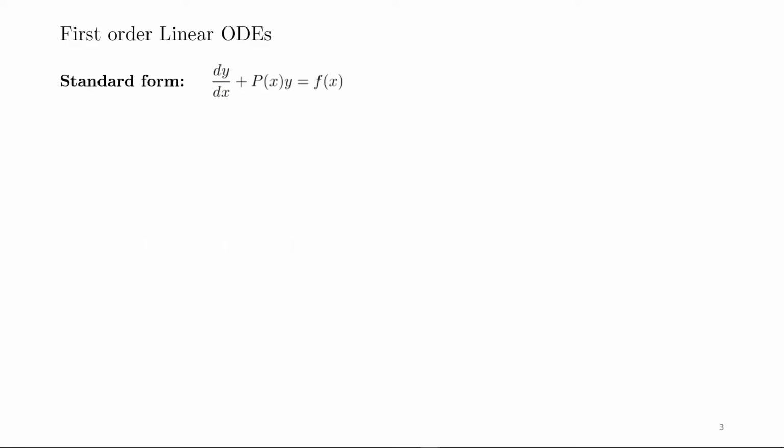Consider this first order linear ODE in the standard form. Recall the standard form we introduced last time in lecture 4: the coefficient in front of dy by dx is 1. There's no other function or multiplier in front of this derivative apart from 1.